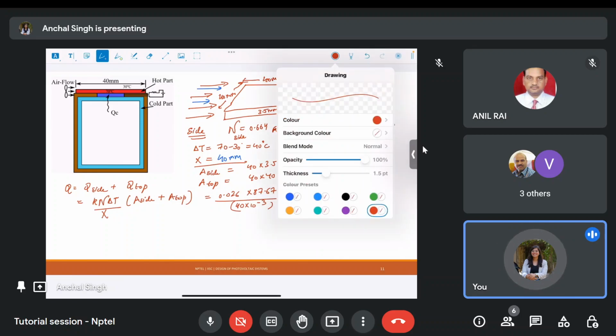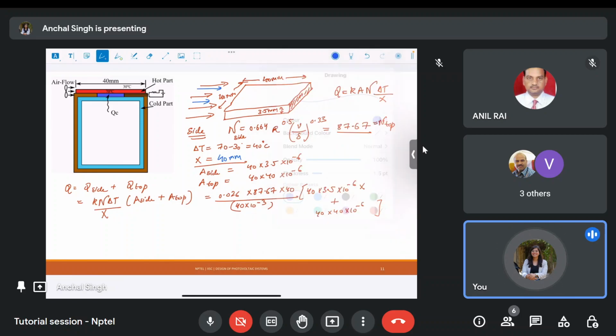We have to multiply this by 4 because there are 4 sides, right? The rest will remain the same.